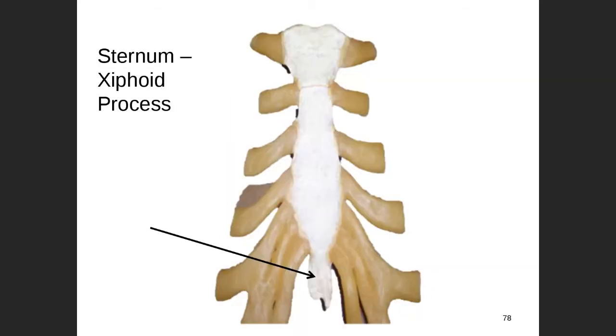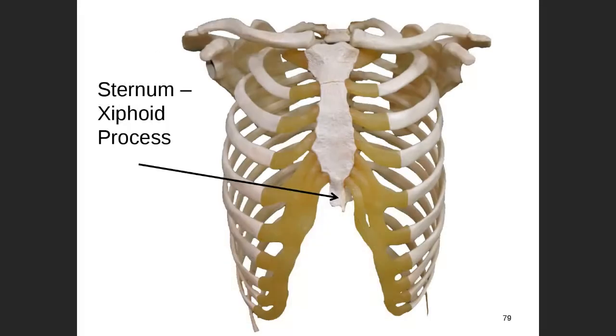And then at the bottom of your sternum, that's going to be your xiphoid process, that little extension coming off the bottom. And you can see it here. So that's the third part of the sternum. All right, so that's it for the sternum.